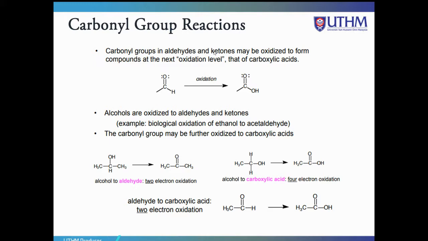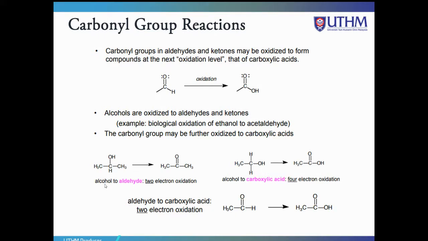The carbonyl group in aldehyde and ketone may also be oxidized to form a compound at the next oxidation level, that of carboxylic acid. Alcohols are oxidized to aldehyde and ketone. Example, biological oxidation of ethanol to acetaldehyde. The carbonyl group may be further oxidized to form carboxylic acid.